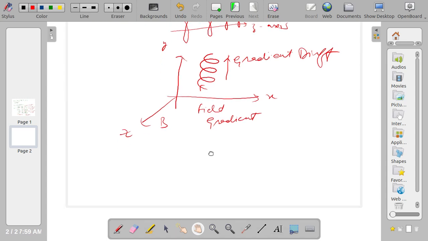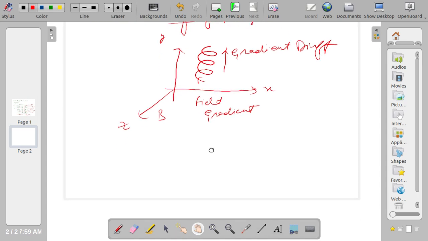And the third case is for the curvature. It's like this: curvature drift. I will talk about this later.